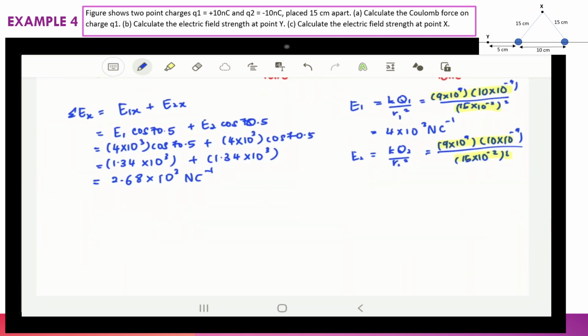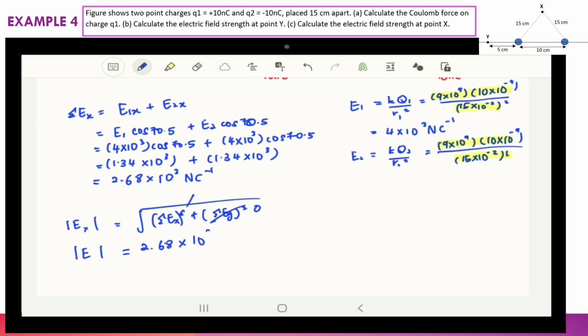The magnitude of the electric field at point X is equal to the square root of the total X component squared plus total Y component squared. But because Y is zero, the electric field intensity at point X is equal to 2.68 exponent 3 Newton per Coulomb. This is the magnitude and the direction is to the right.